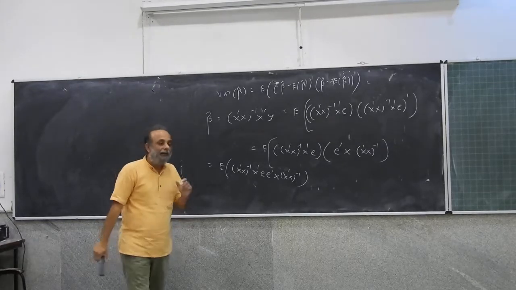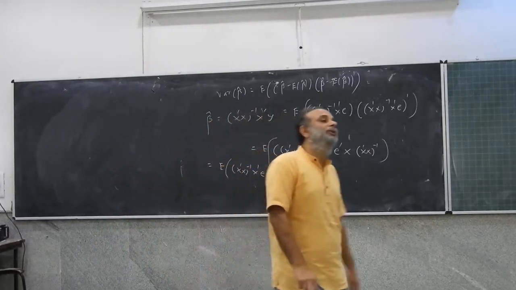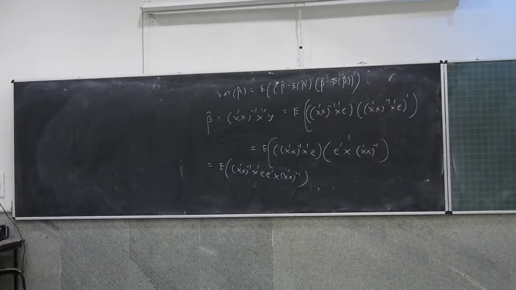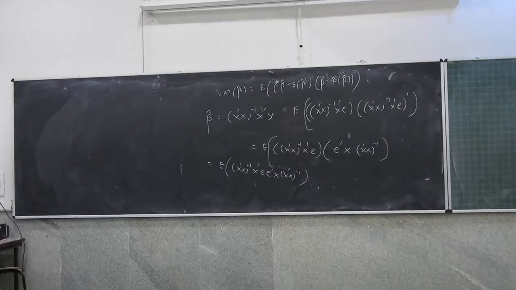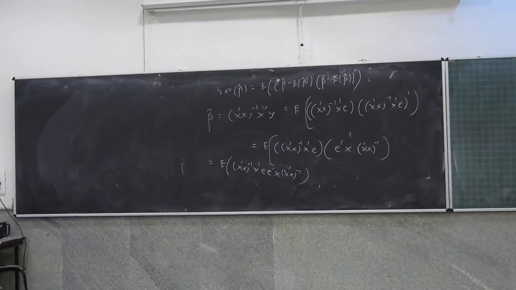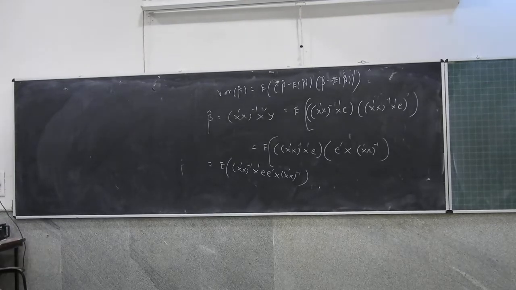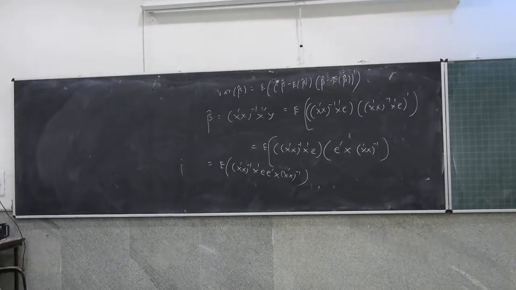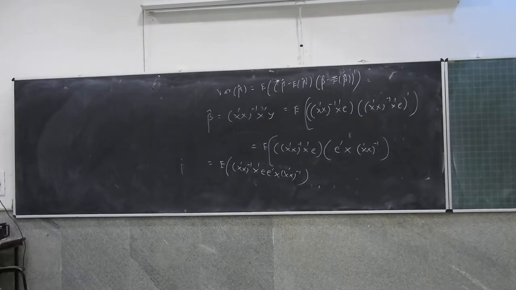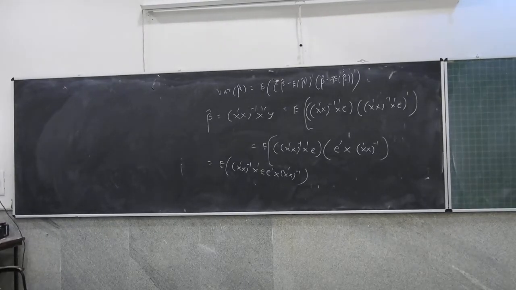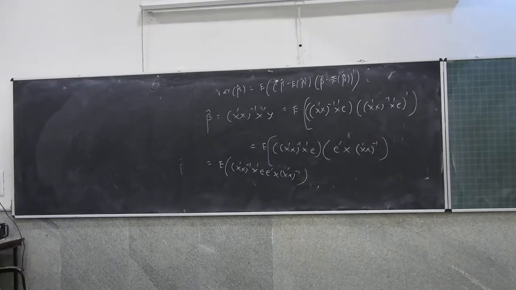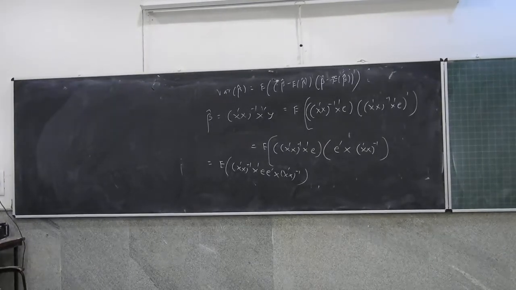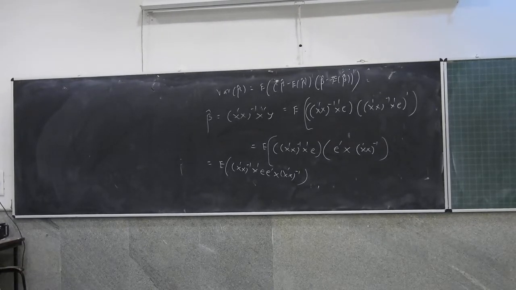Now what is E into E dash? What is the dimension of E into E transpose? E is an n cross 1, right? So E into E transpose is n cross 1 into 1 cross n, which is n cross n.